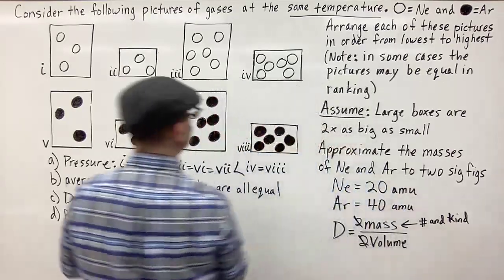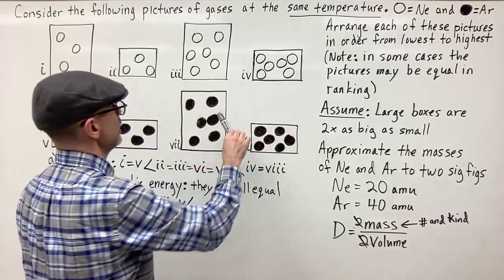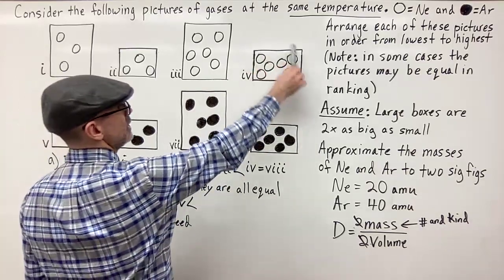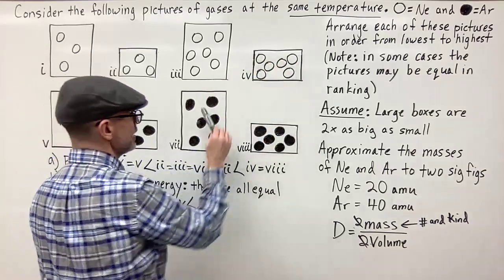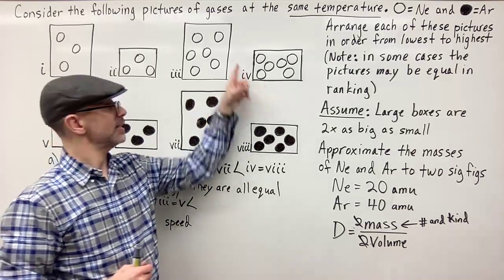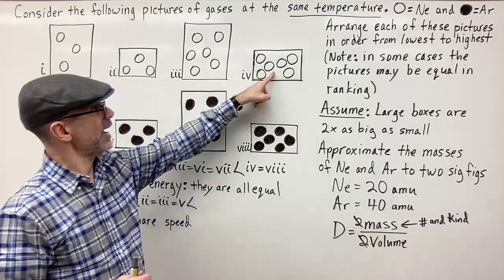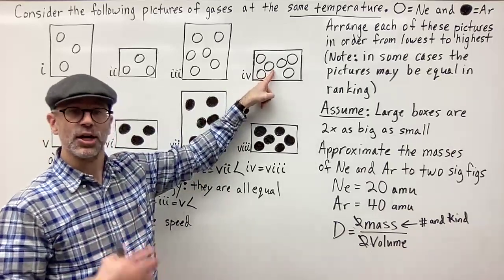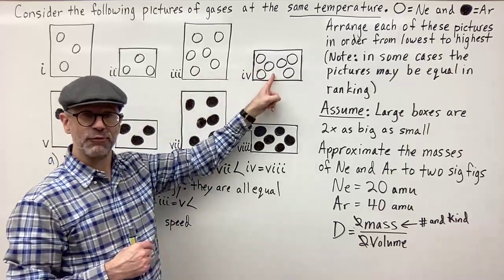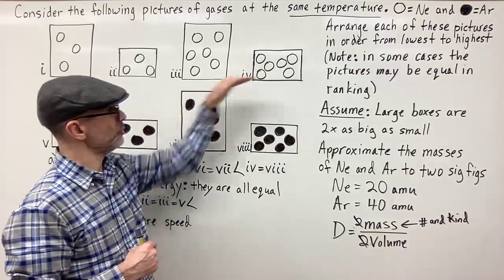And then what about number 4? Here you can see that the number of particles is 6 here, and 6 here. But notice that the mass is half, right? So I have the same number of particles here and here, but here I have neon, which is half the mass. So because I have the same particles, I'm cutting the mass in half when I go from here to here, right? But I'm also cutting the volume in half.